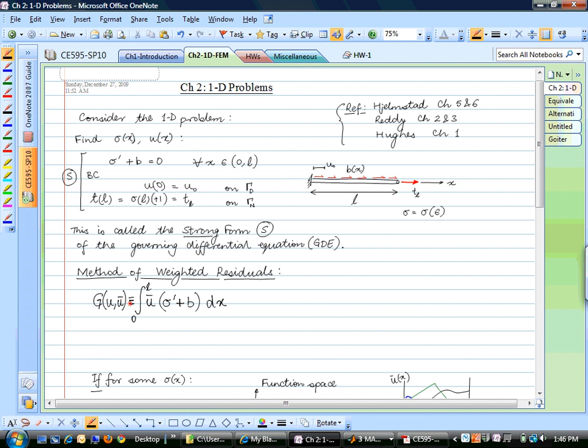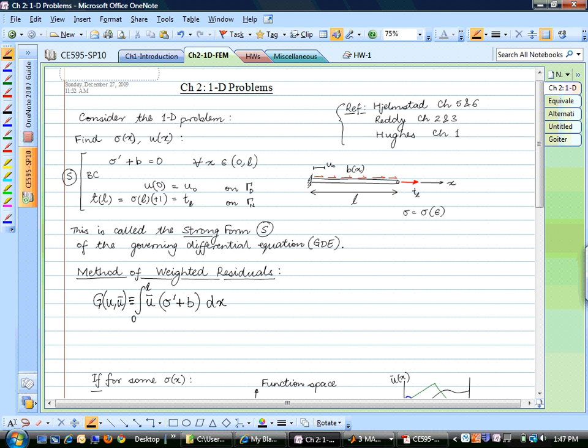I'm going to say that this triple equal usually means defined as. So I'm defining g as this quantity. Once again, this u bar is a function of x, so this bracketed quantity is also a function of x.